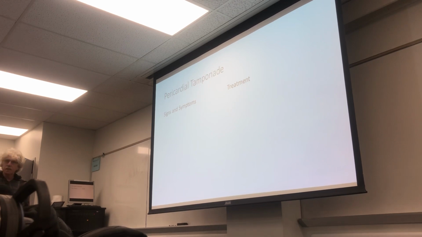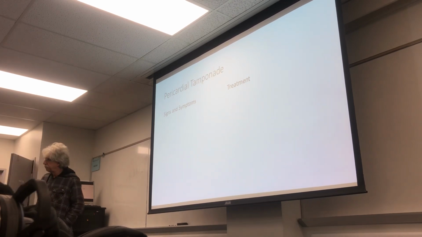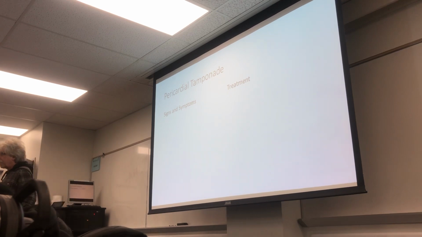Pericardial tamponade, signs and symptoms. They should have equal lung sounds. Good. Chest pain. It hurts. Jugular venous distension. There's another one.